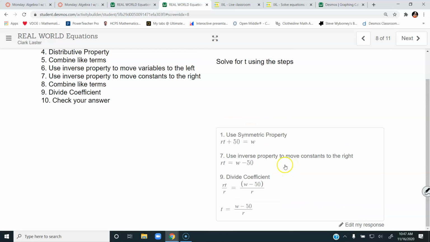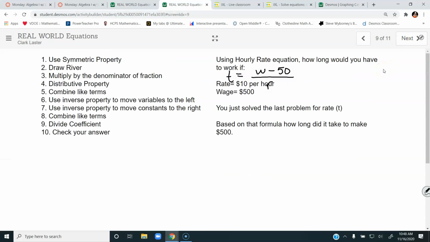Okay, so let's go ahead and take that information, and we are going to say T is equal to W minus 50 divided by R. We just solved for that.